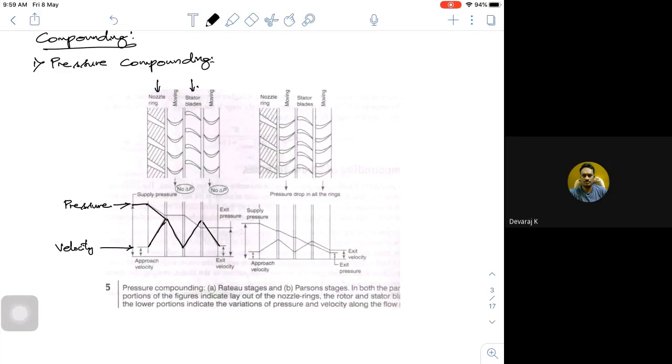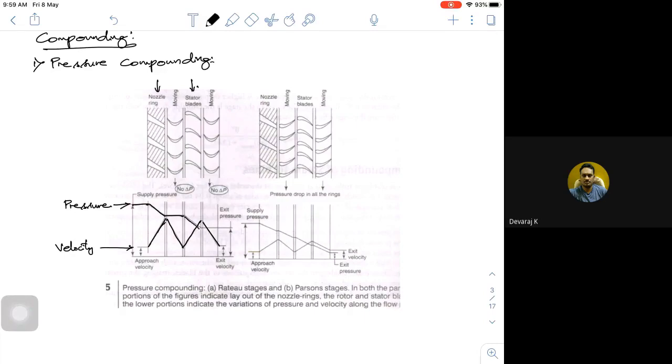Okay. Then in the rotor, the pressure is almost constant. There can be a slight drop in the pressure, maybe because we can't maintain 100% ideal conditions. It's very difficult. So I may have a slight drop, but the pressure almost remains constant. And what will happen to your velocity in the rotor?